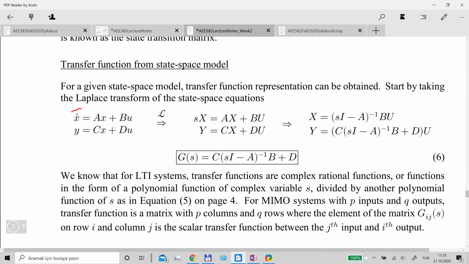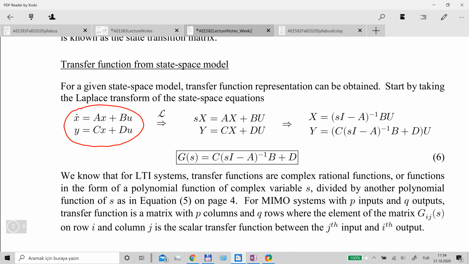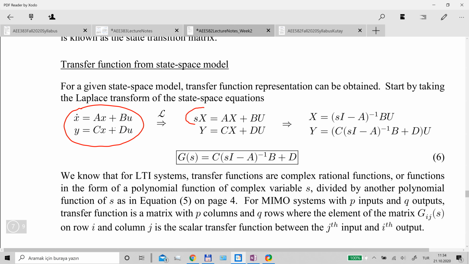We do that by taking the Laplace transform of our state equations with zero initial conditions, obviously, as we always do when obtaining transfer functions. This is what we have for the state equation, and we can combine the x terms.